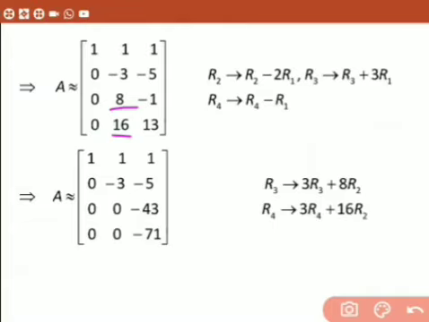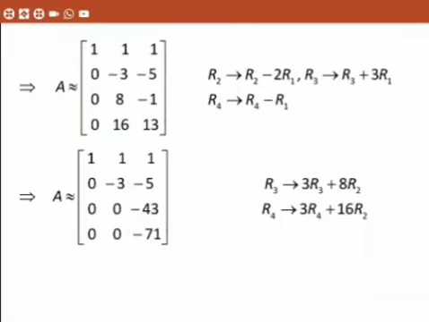To make this 8 equal to 0, R3 changes to 3 times R3 plus 8 times R2.